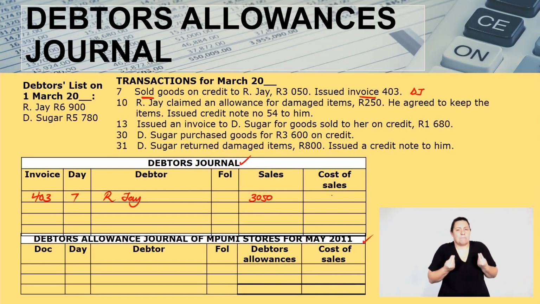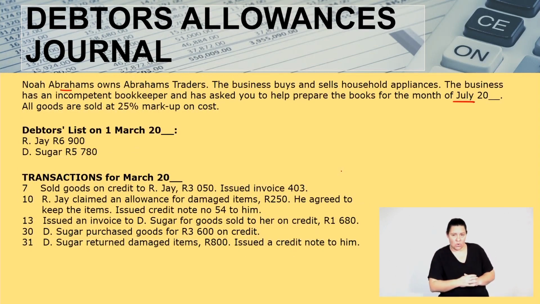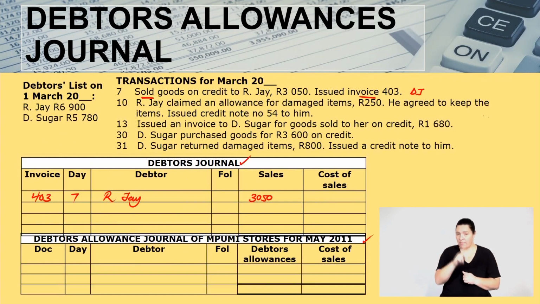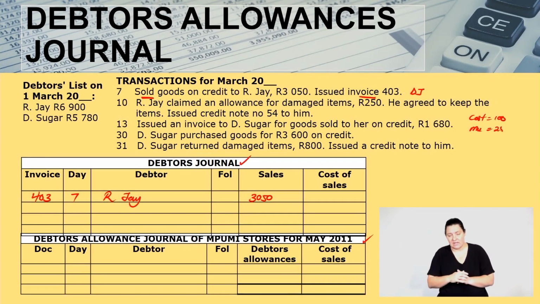Okay? Now, how do we get this cost of sales? We need to have markup. Let me remind you of what we saw earlier on. All goods are sold at 25% markup on cost. So let's quickly go and calculate. So remember, cost is always 100. Markup, in this case, is 25. Selling price, therefore, becomes 125, which is therefore equal to 3,050.